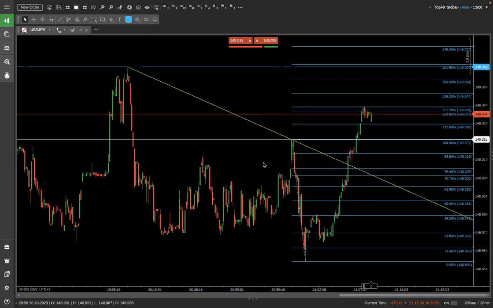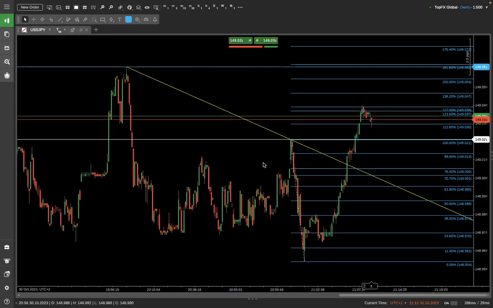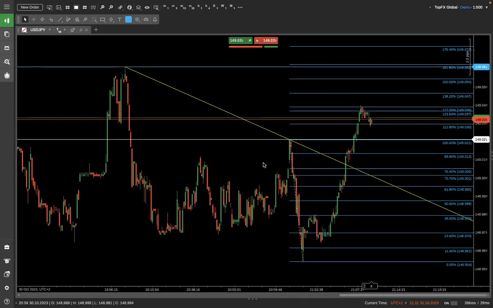Of course, we have explored these possibilities of Fibonacci projections, extensions, retracements, and so on in our previous benefits, right? So that's about the analysis.